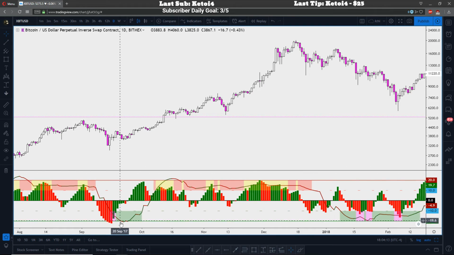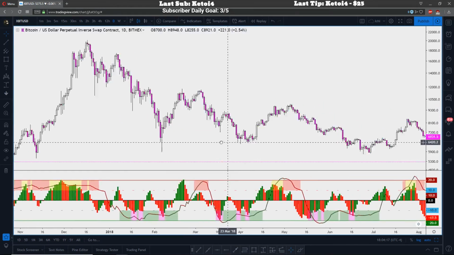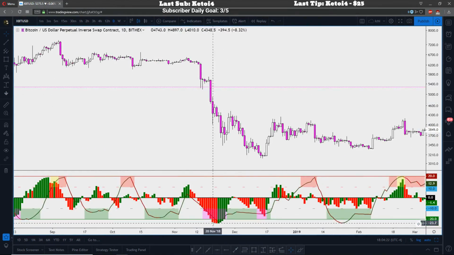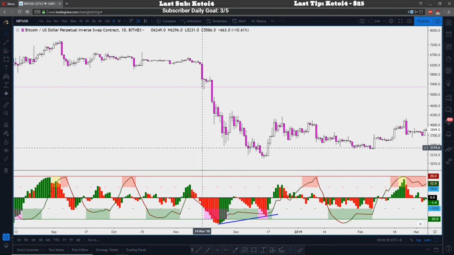If it breaks negative 20, let me see if I can find one here. If it breaks negative 20 and then starts to flatten out at negative 15, that is entering a very strong downtrend. The only exception, like I said, is divergence. Divergence or flattening out.